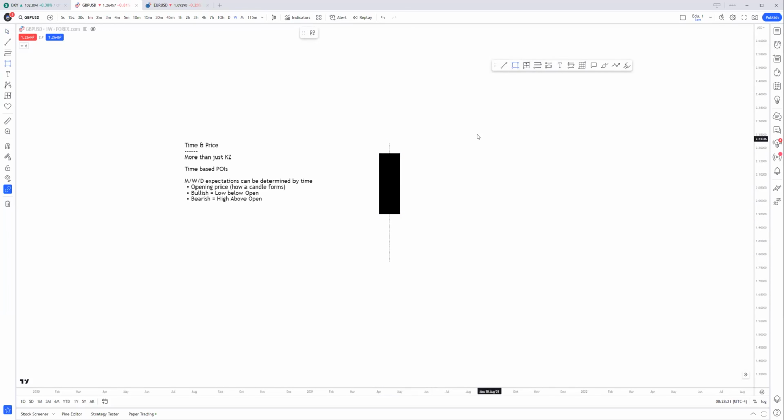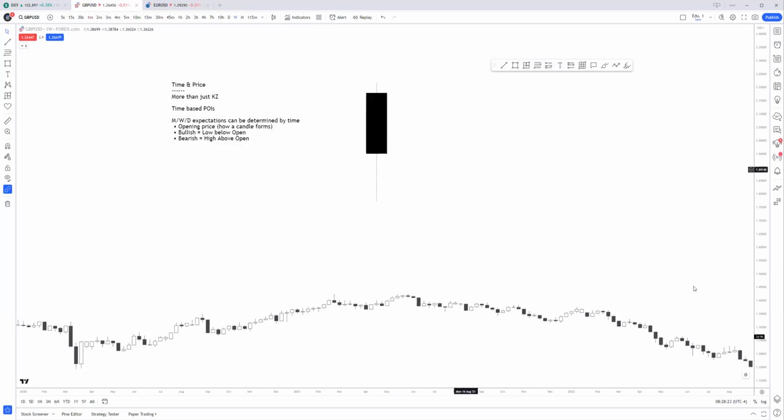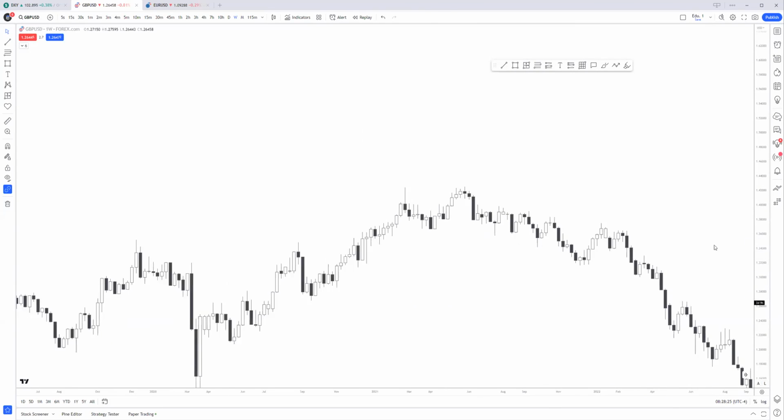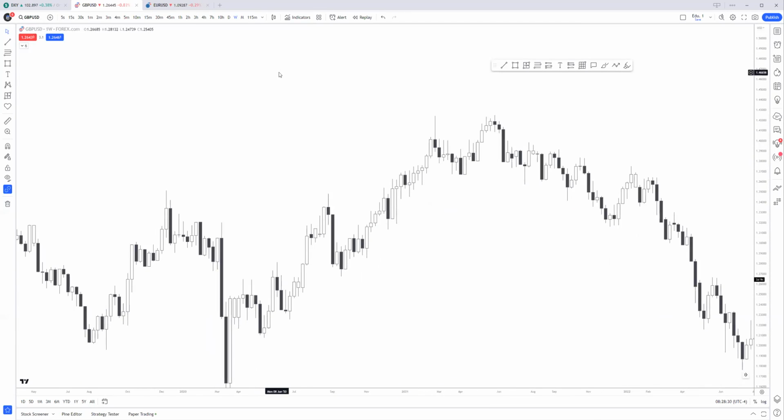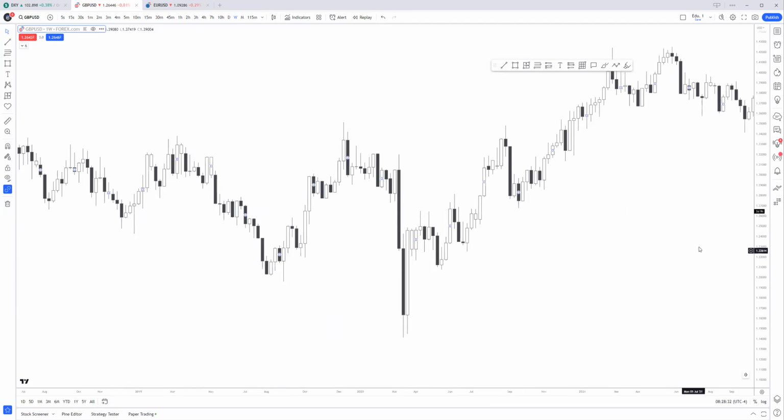If you look at any group of candles, how often does a candle not have a top wick and a bottom wick? Very rarely. It almost always has a top wick and a bottom wick. So for example, this candle right here, if we expect this to be a bearish candle, then we expect a top wick.